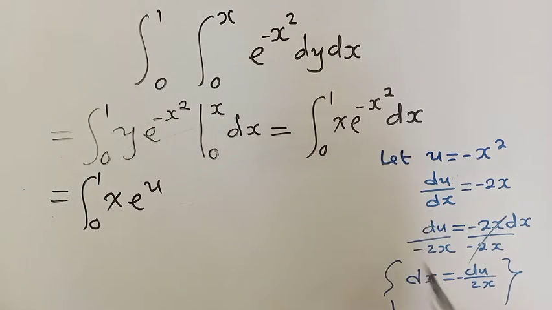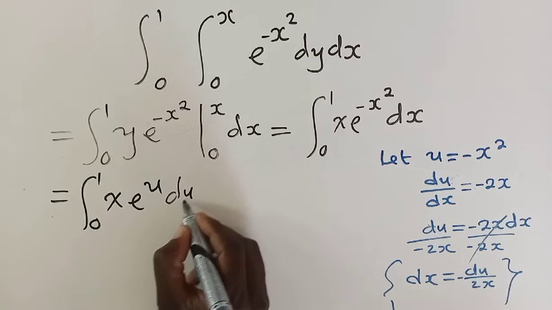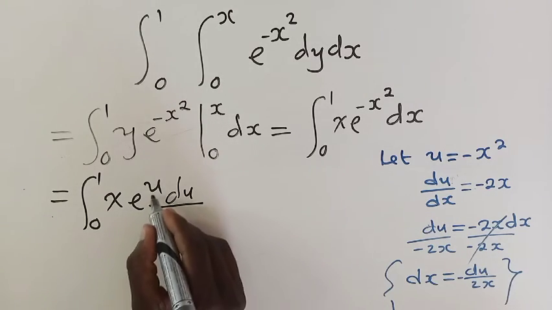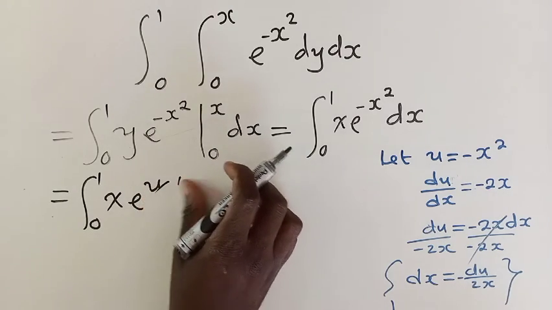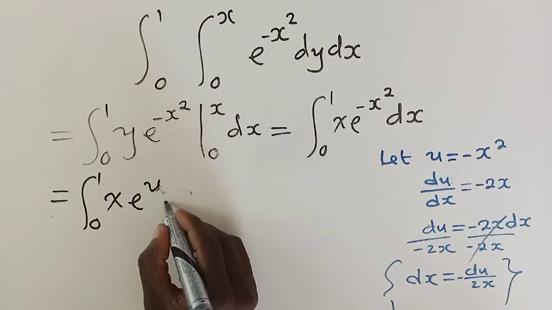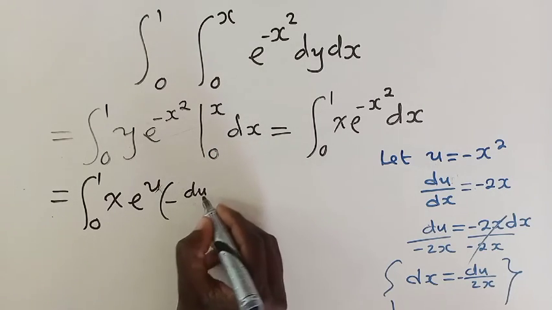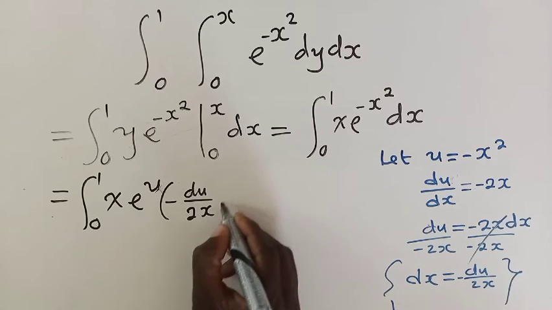And then for dx, this dx here, we said dx is negative du over 2x. So we'll replace, let me write it properly, we say negative du over 2x.